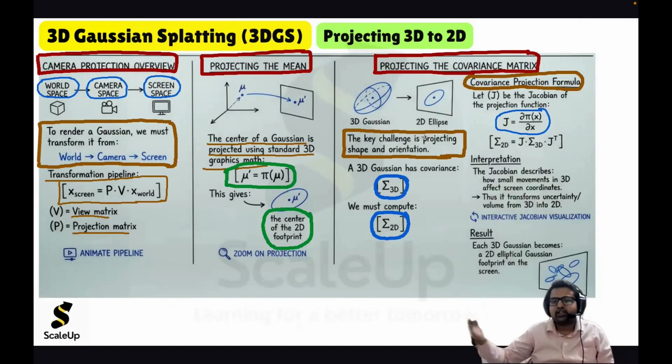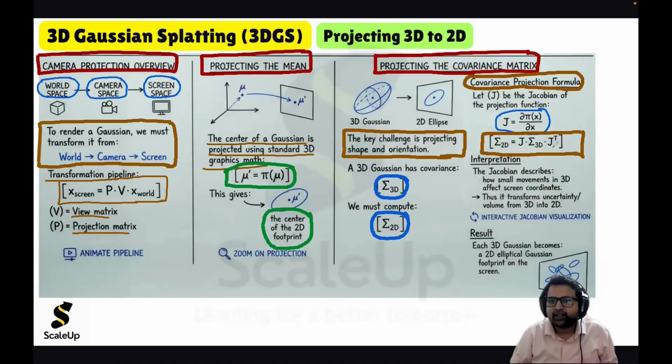So when you consider the Jacobian, you get the covariance projection formula: the 2D Gaussian covariance is equal to the Jacobian multiplied by the 3D Gaussian covariance multiplied by the Jacobian transpose.